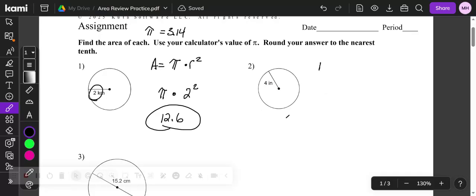Let's do the next one. Area equals pi times the radius, which is 4, squared. So we're going to do the same thing. Pi times 4 squared, 50.26, or we would say 50.3. Again, if you use 3.14 instead of the pi key, it might be a little bit different, but that's okay.